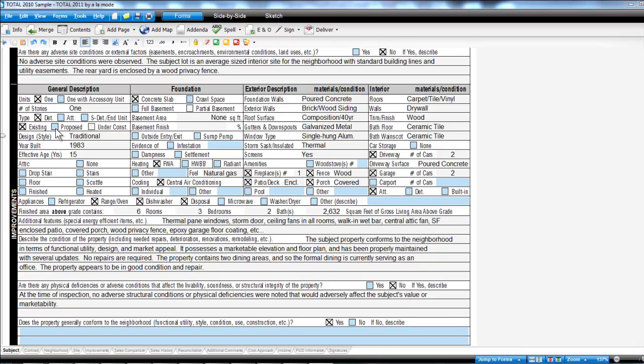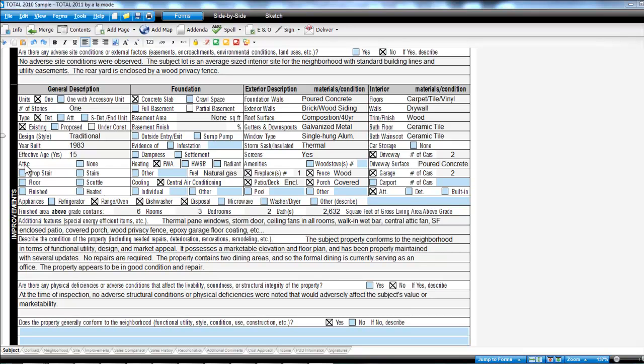Sometimes you'll be called on to appraise proposed or incomplete construction, and you can indicate that here. The design or style, again, what may be traditional to you is contemporary to me. This only becomes an issue if there's differences in your comparables and that has an impact on value. The year built, the effective age, this reflects the amount of depreciation.